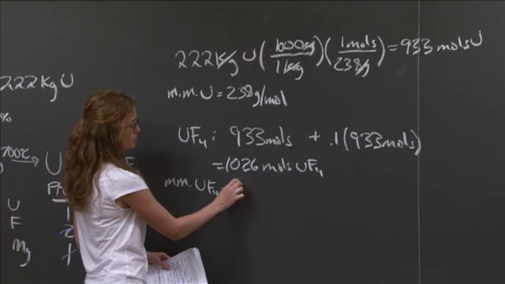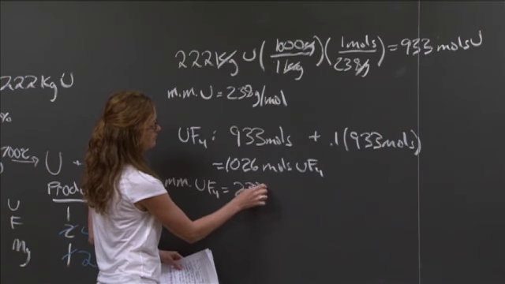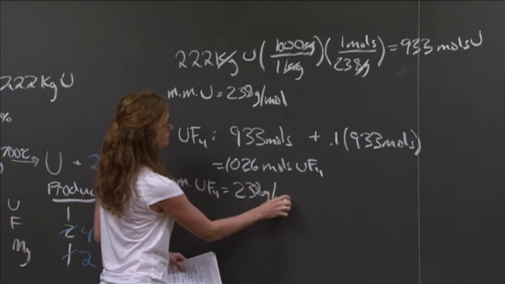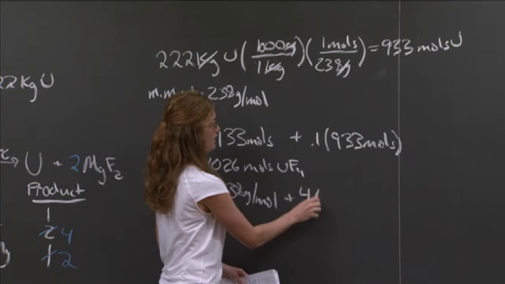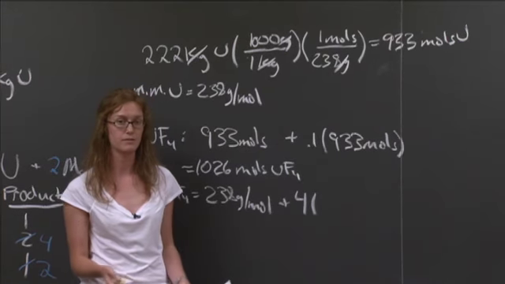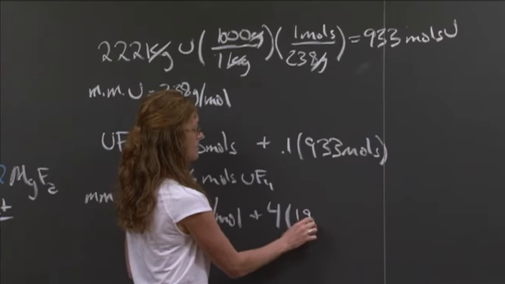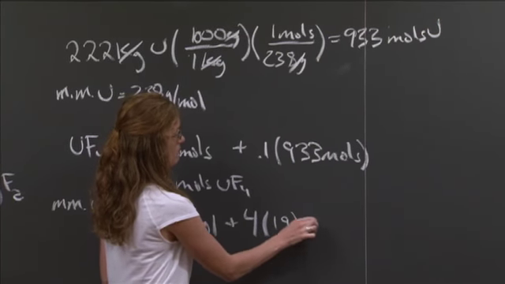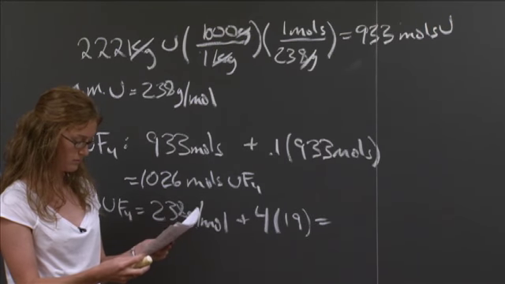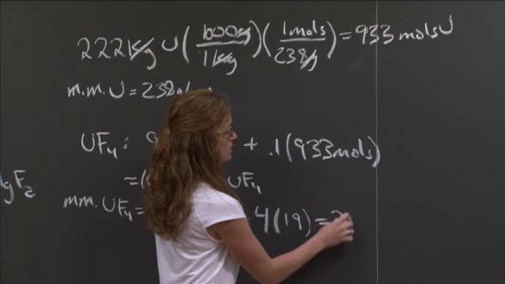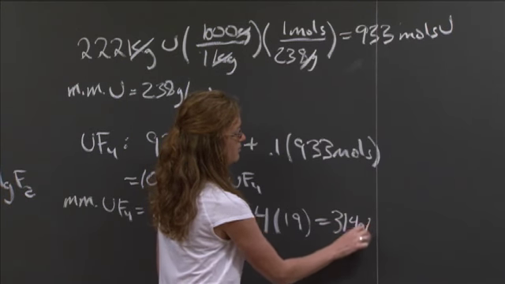We have 1 uranium per molecule and 4 fluoride, and again we just look up the molar mass of fluoride on the periodic table. That equals 314 grams per mole.